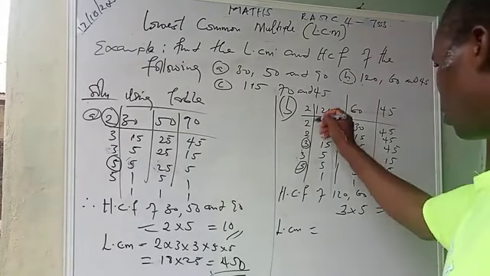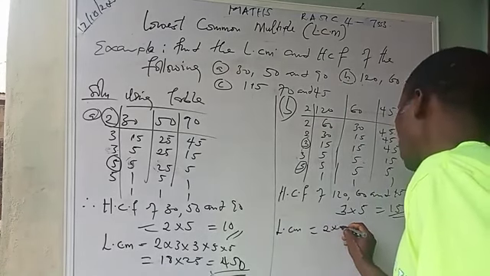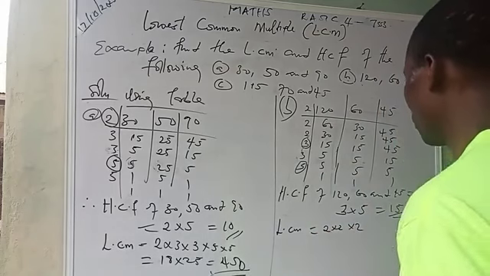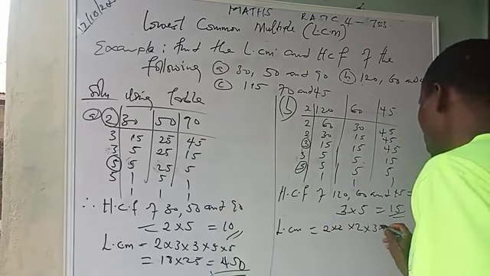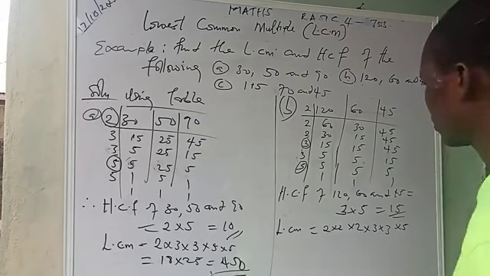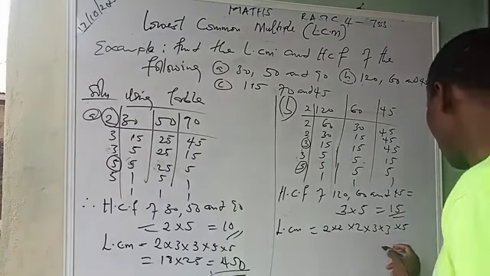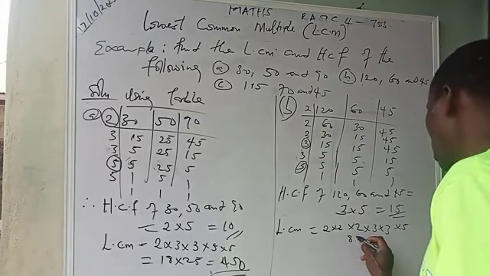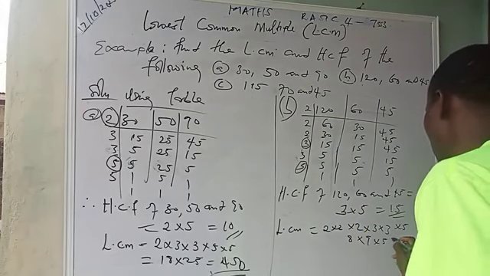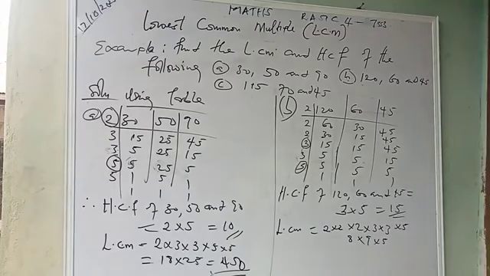While my LCM equals what? You multiply all of them. That is 2 times 2 times 2 times 3 times 3 times 5. You see everything. So this is 8 times 9 times 5.